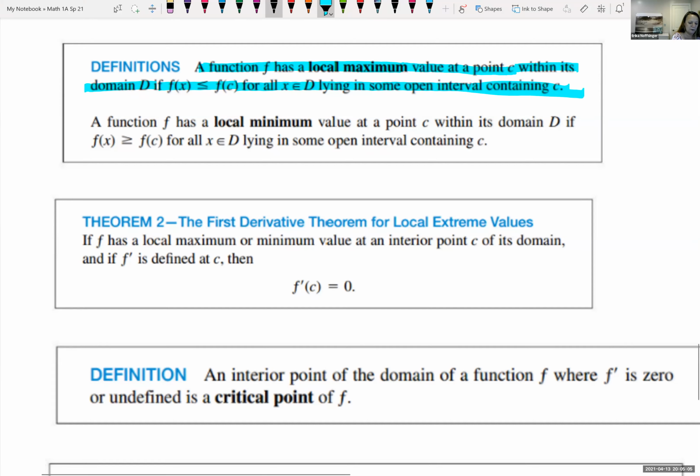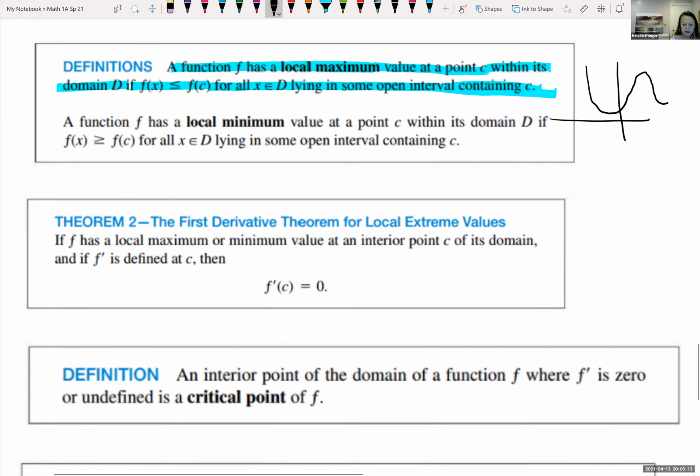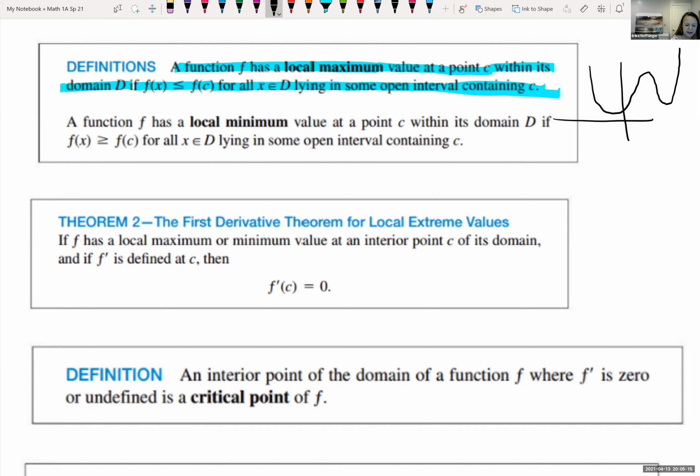That's a mouthful, right? Basically, you might have multiple places where you have maximum values or minimum values, but if we take this and put a little interval around there, and it is the biggest value for that interval, then it has to be a local max.